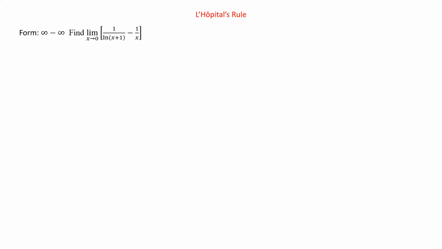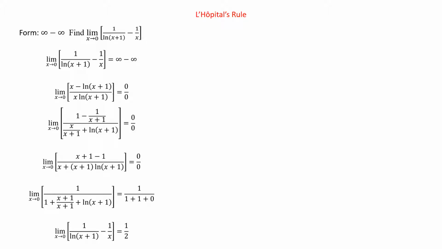How do we deal with that? It's not L'Hopital already. Well, if you have infinity minus infinity, my first step would be to write them as one fraction. Because for L'Hopital to work, we have to have something over something. And so if we write them as one fraction, we might be able to get there.